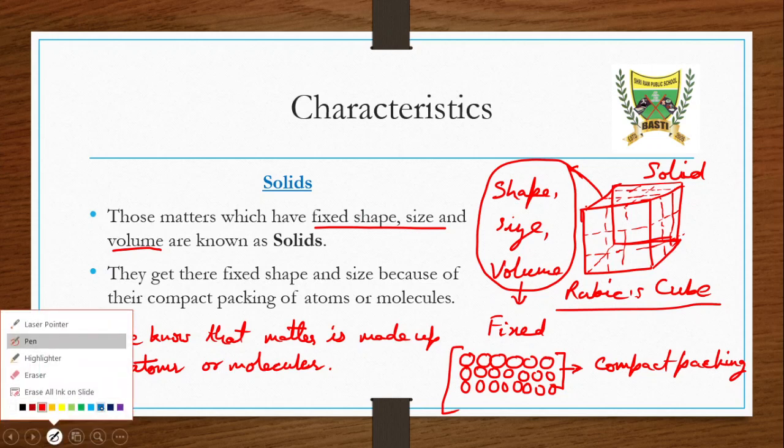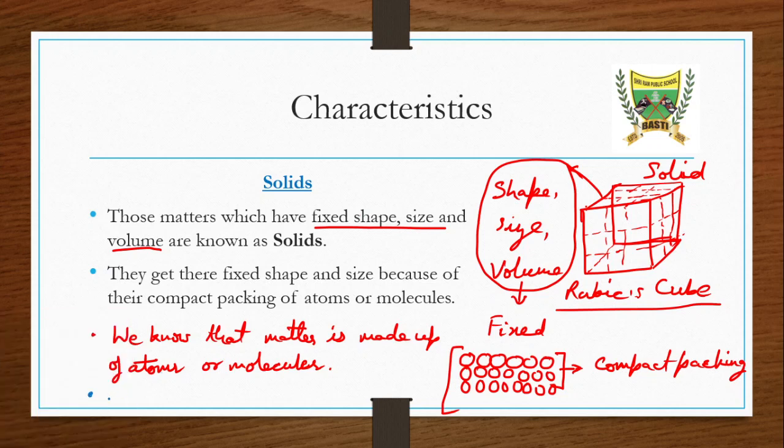Let's change the color. We'll say the distance of atoms or molecules is very low.